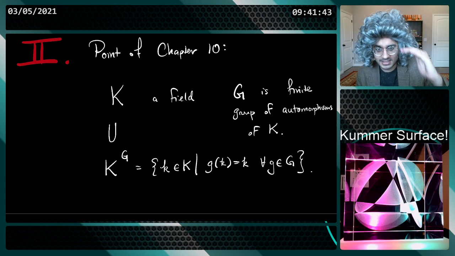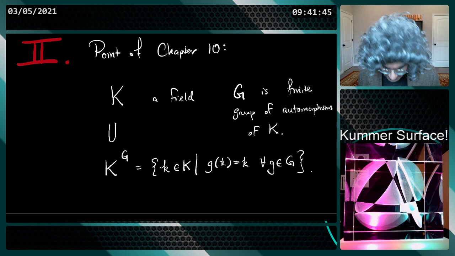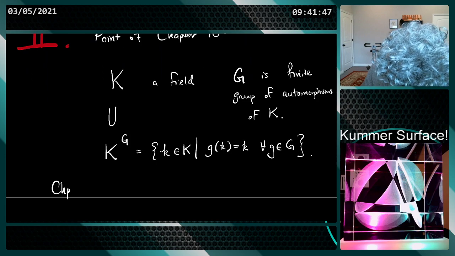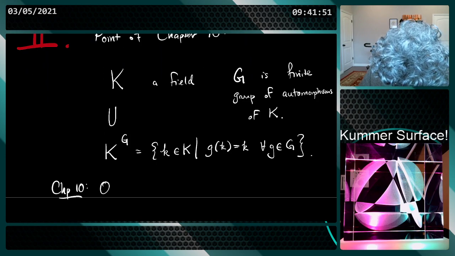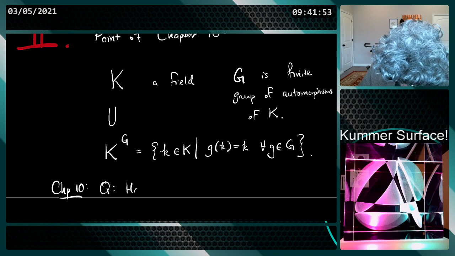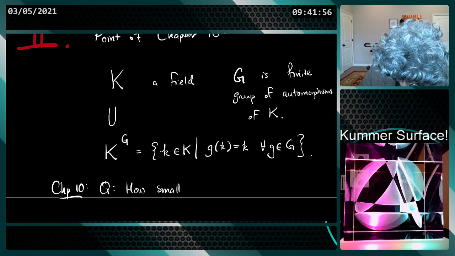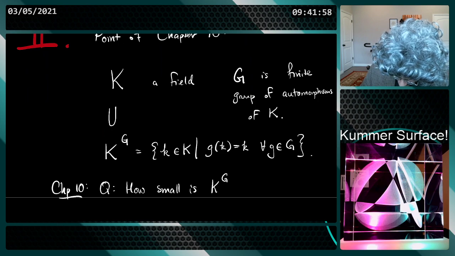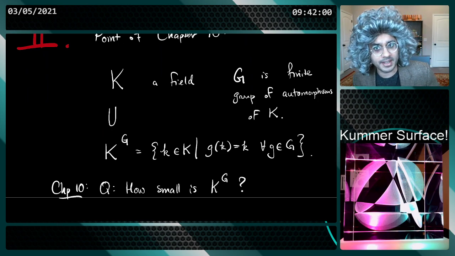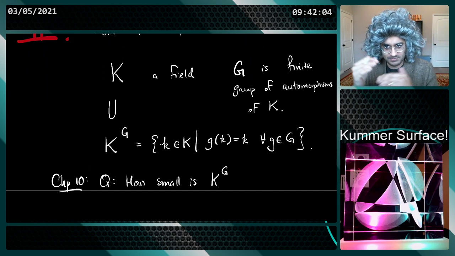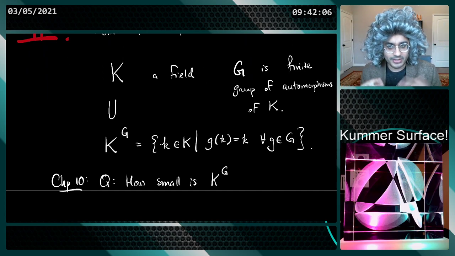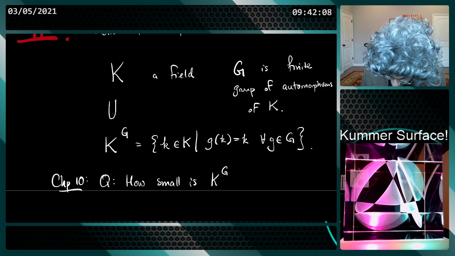How small is the subfield, the fixed field, relative to K? And we have our notion of size of one field over another. It's the degree. That's what we're asking.